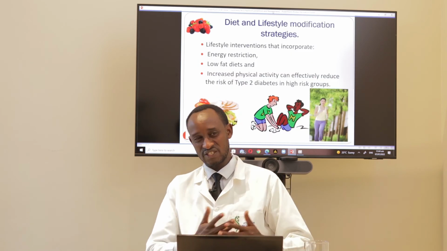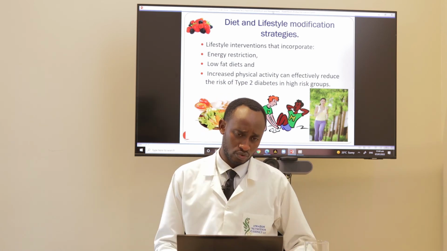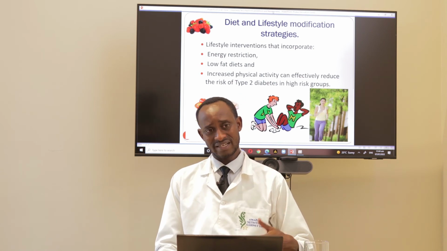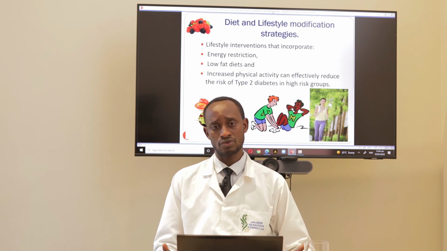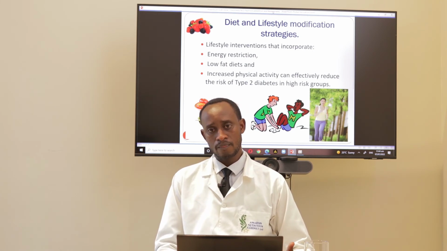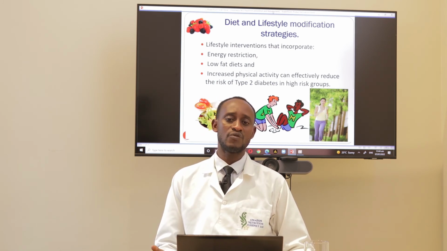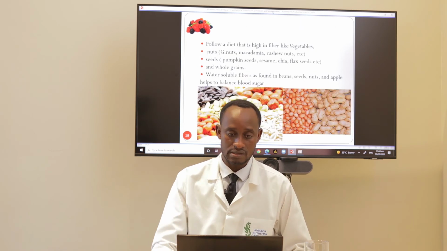So exercising is very key. You can start with moderate physical exercise: you can jog, run, walk, or swim. These moderate exercises benefit the body to prevent and manage diabetes.